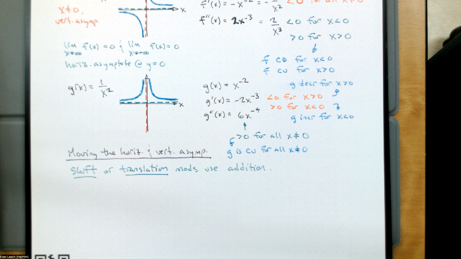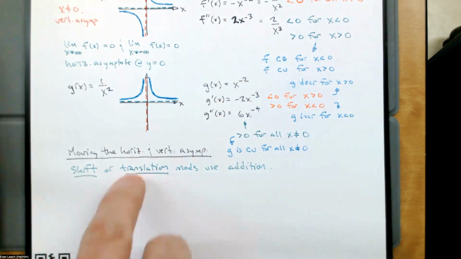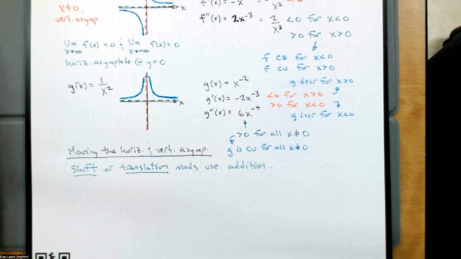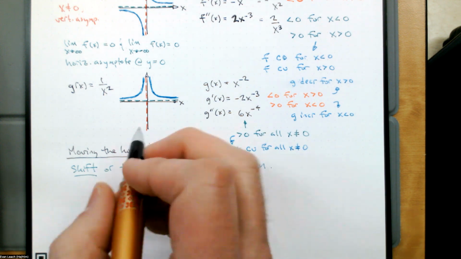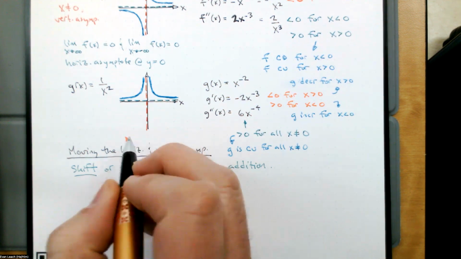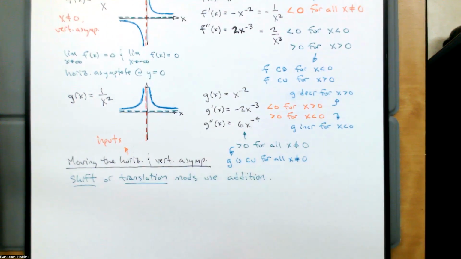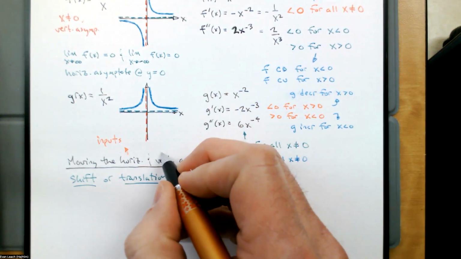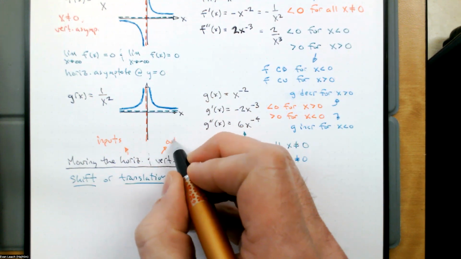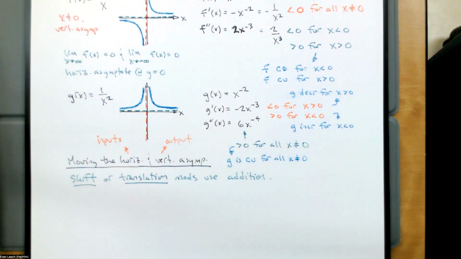Vertical changes are a result of output changes. What does that look like in practice?